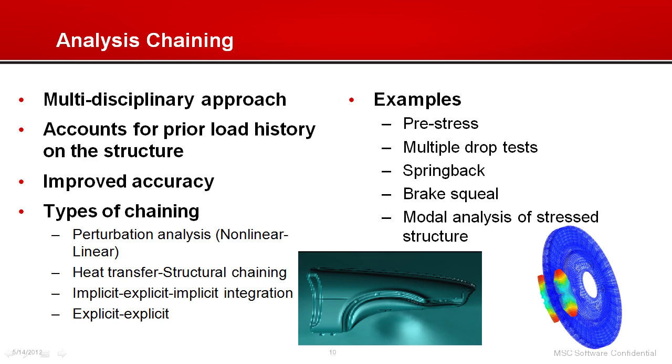Multiple drop tests are basically explicit to explicit chaining. Springback in sheet metal forming goes from an explicit domain back to the implicit domain for springback. And brake squeal, which is a very complicated multi-physics simulation, we will touch on later on.